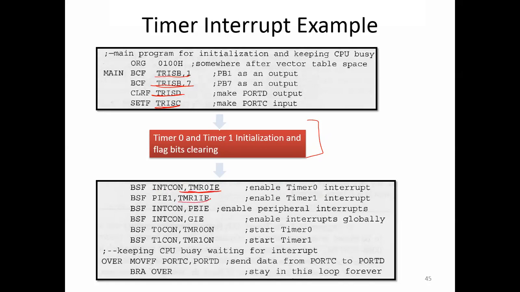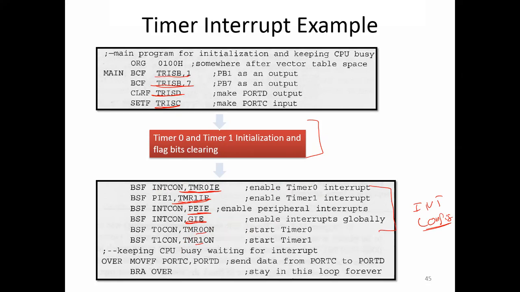We have to enable the timer 1 IE. We have to enable the peripheral because timer 1 is peripheral, and we have to enable the global. So this is the interrupt configuration. Then we are done with the configuration. We can start timer 0 and start timer 1.